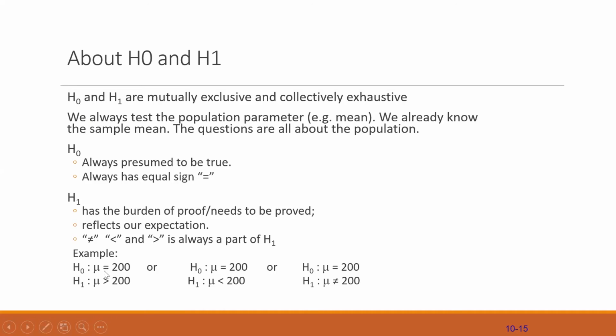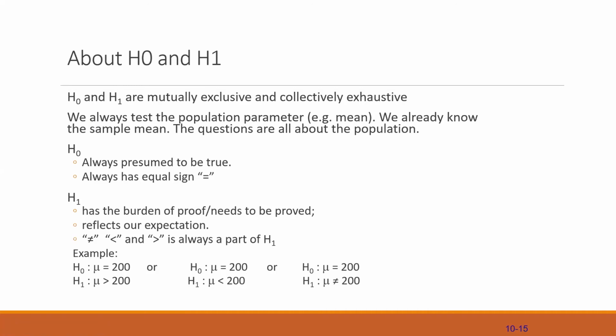So for example, again, we're interested in the population average, and the statement we have could be, we assume the population mean to be equal to 200, okay? And the alternative is we have certain suspicion that the population average may be greater than 200, and we want to find out which is true. Or we could say we assume the population average is 200, but we have some suspicion that the population mean may be less than 200.